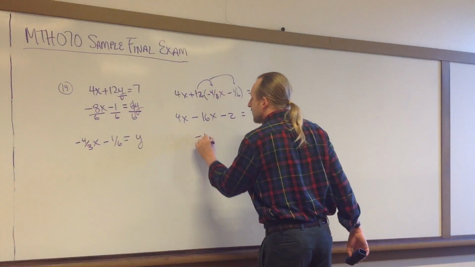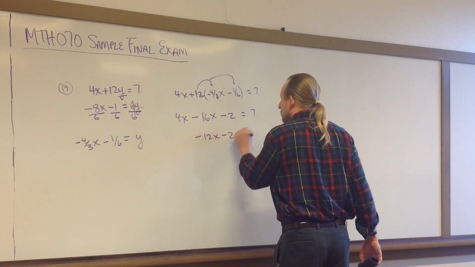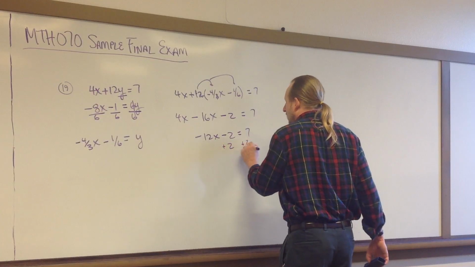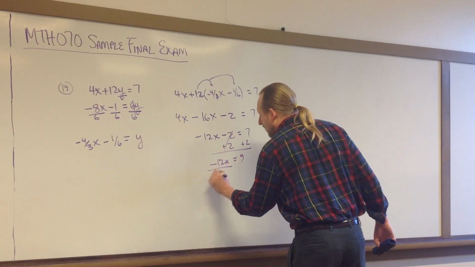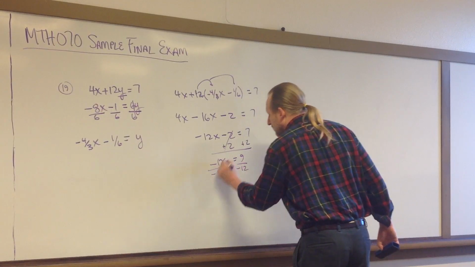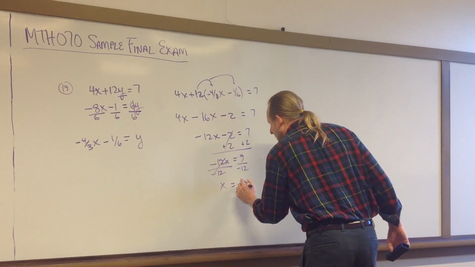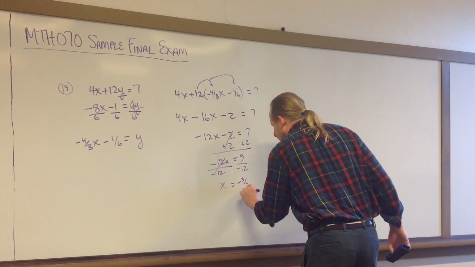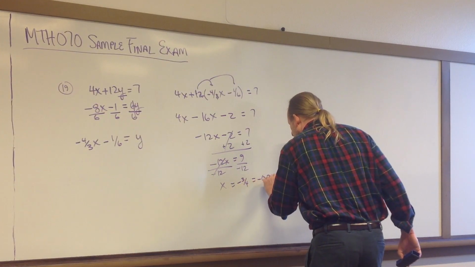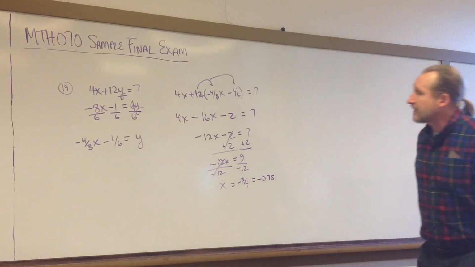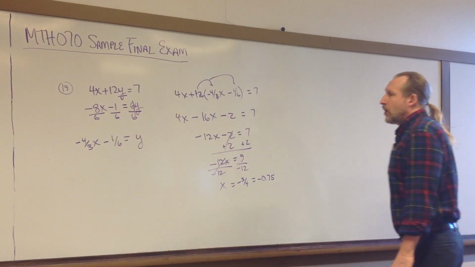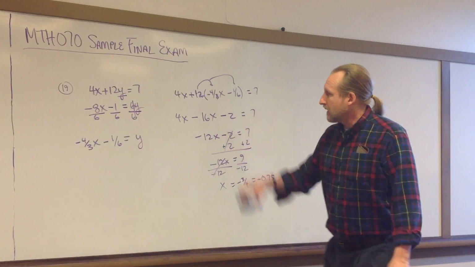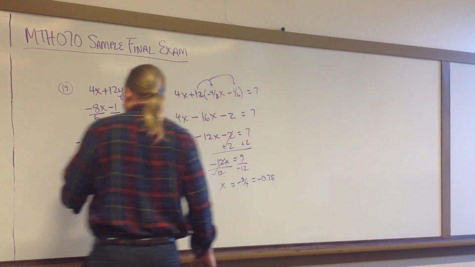So this will be negative 12x minus 2 equals 7. Add the 2 to both sides. Negative 12x is 9. Divide on both sides by negative 12. Looks like x is going to be negative 3/4. If you're partial to decimals, that'll be negative 0.75. Let's see here. So take this and we'll plug it in for the x over here.